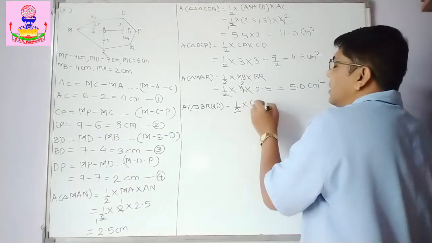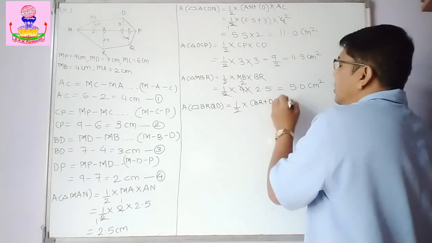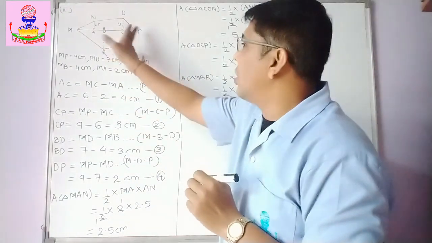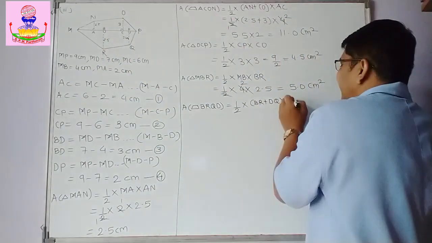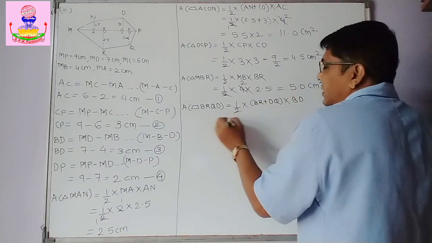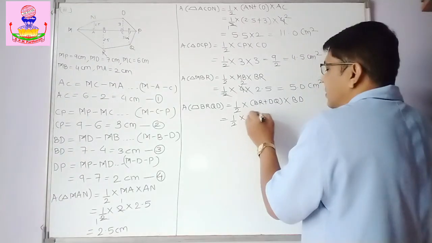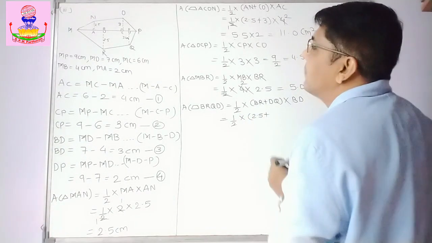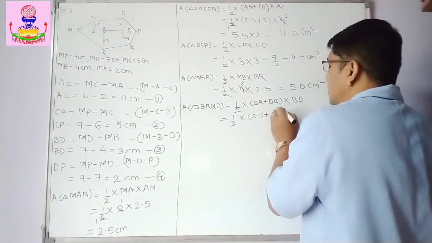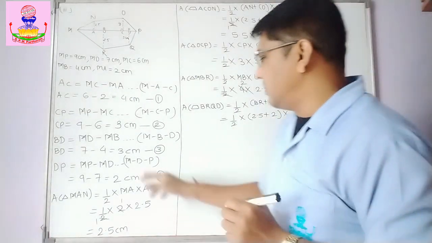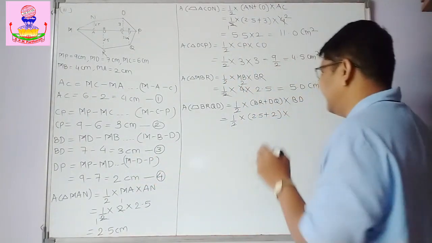So BR plus DQ into height. Height is what? BD. Now, what is the length of BR given? Yes, BR is given 2.5. What is the length of DQ given? 2 centimeters. And what is the length of BD? We have determined BD, 3 centimeters.